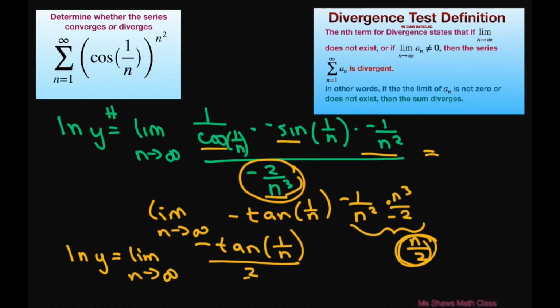Right, this is 2 divided by n. All right, this gives you also 0, the indeterminate form, 0 divided by 0. So we have to use L'Hopital's rule again. So I'm going to differentiate the numerator and the denominator. So let's do that.